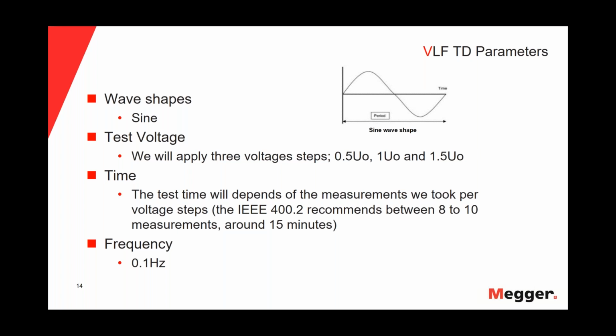The IEEE recommends taking between 8 to 10 measurements per voltage step, so it will take around 15 minutes. And as I said in the previous slide, the frequency must be 0.1 hertz. We cannot decrease the frequency when we're doing a tan delta test.